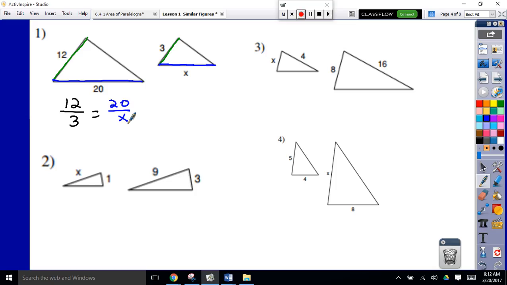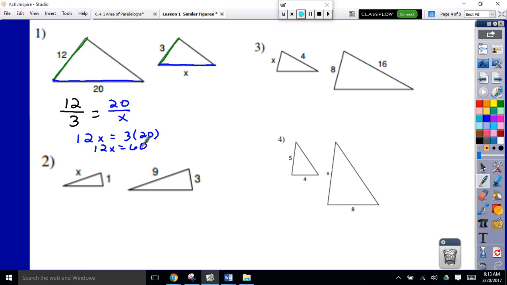So solving this proportion, Austin, can you remind us how we solve a proportion? What do we do? 12 times X, good, and 3 times 20. Okay, what is 3 times 20? 60. Good.